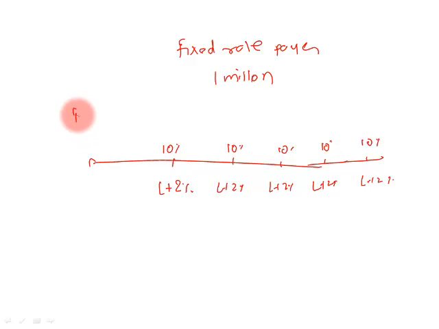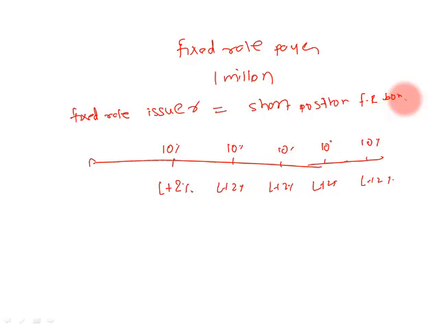So it appears like I am a fixed rate issuer. A fixed rate issuer can also be called a short position on a fixed rate bond. Same thing. Shorting means issuing. So either I am saying I am a fixed rate issuer, or I have a short position on a fixed rate bond. Every year I am receiving LIBOR plus 2%.